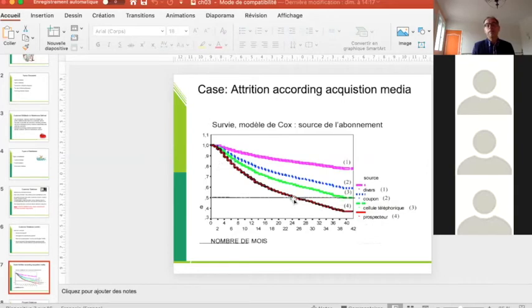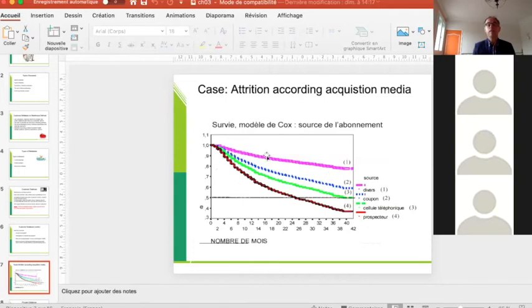And you can see the highest attrition rate, or the lowest survival rate, is the red curve. Those customers who were acquired by physical prospectors, people who came to the people and tried to convince them to take the job. The second least effective medium is the telephone. Then you see the coupon. So the customers send back a coupon to enroll into the journal.